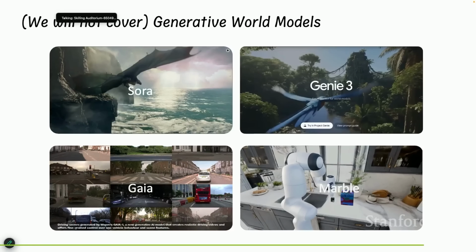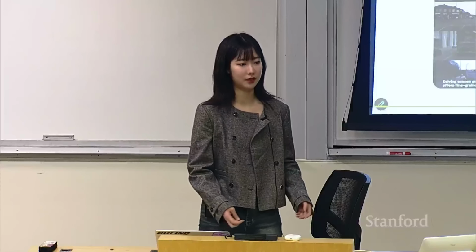Today we will not cover generative world models. There are so many companies now doing world modeling. For example, GAIA is an autonomous driving model that gets the action and the previous state to predict the next driving scenario. And Genie, they want to scale up the world model, so they learned something called latent action, which is a proxy of the action, because usually online data doesn't have per-frame action annotation.